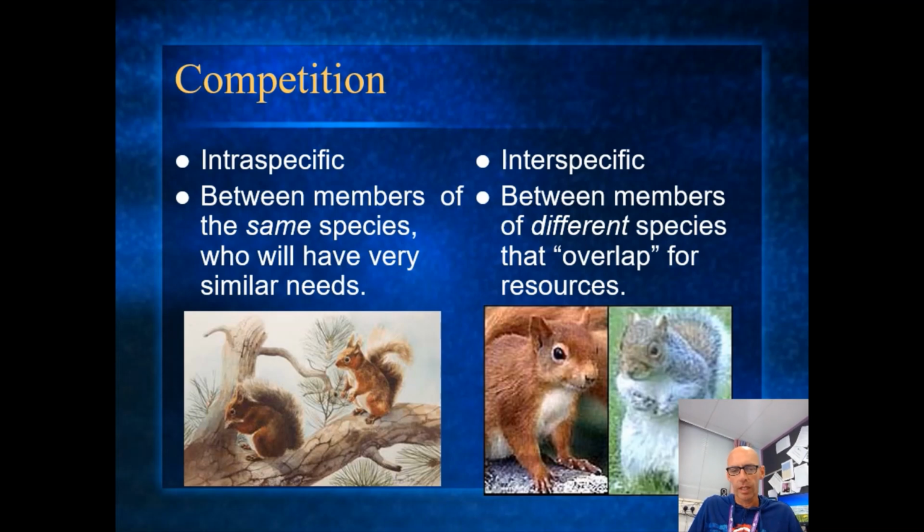So in the two photos here, red squirrels are competing with each other. If there's a forest with red squirrels in it, the red squirrels all want the food. They want the space, they want the territory, so they're actually in competition with each other. The weaker ones will die out, the more successful ones will continue. But we'll talk more about that when we get to evolution. But also there's competition between species, as in this little video again.